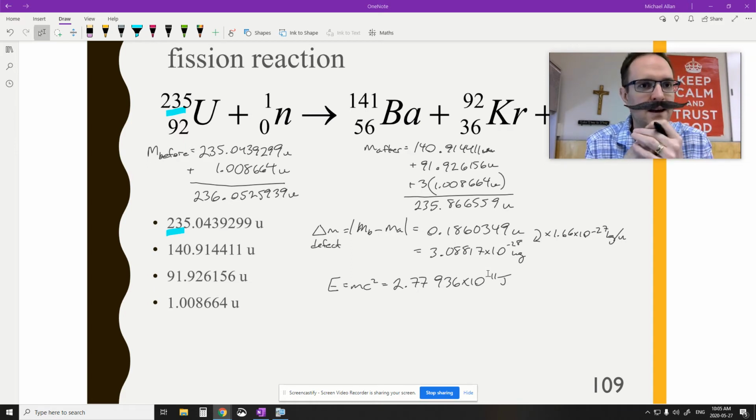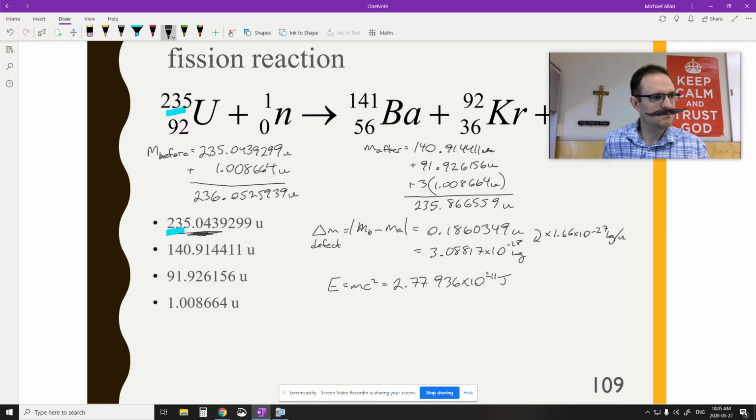I want to know if I had a kilogram of uranium, how much would be here? So I want to know how many of these, because that's the atomic mass of this uranium here. How many of these fit into a kilogram? So how many nuclei are there? Okay, so I'm going to find that out.